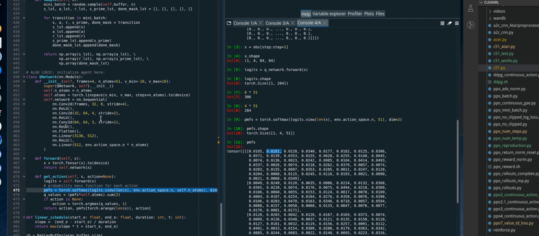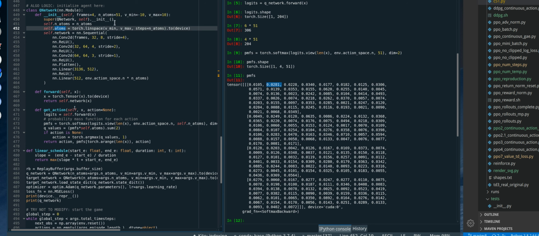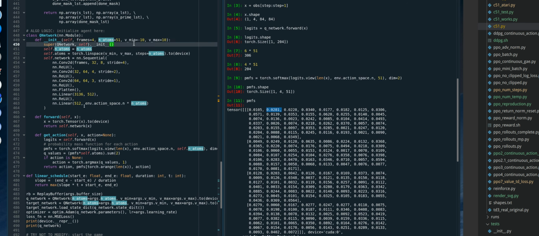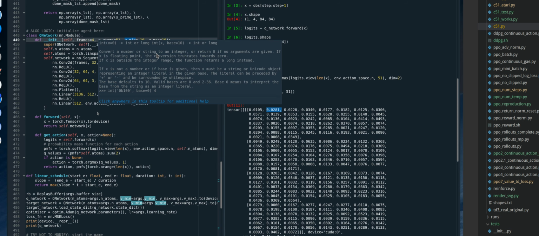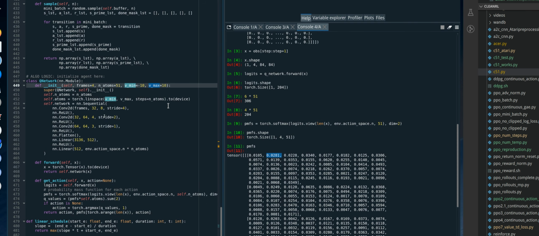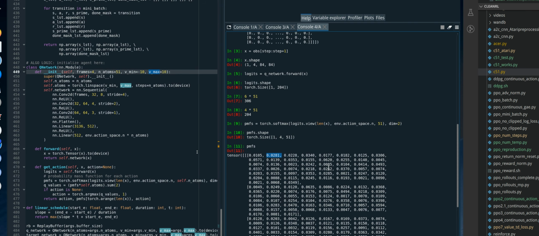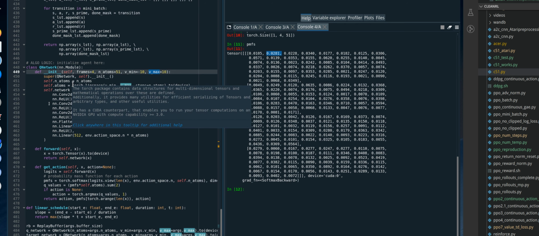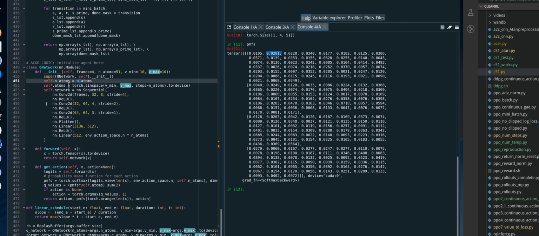Another thing that we need to talk about is these atoms. When we pass in the number of atoms, we also pass in the minimum v value and the maximum v value. I think it's probably easier to just print it out.